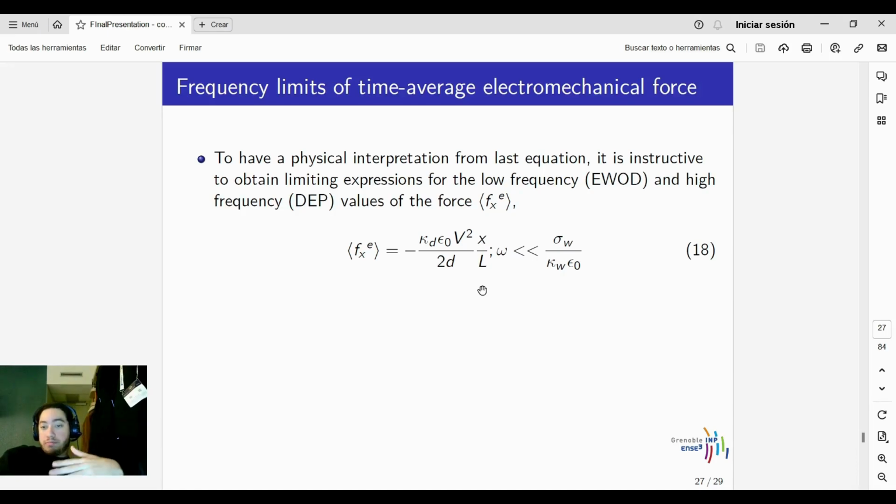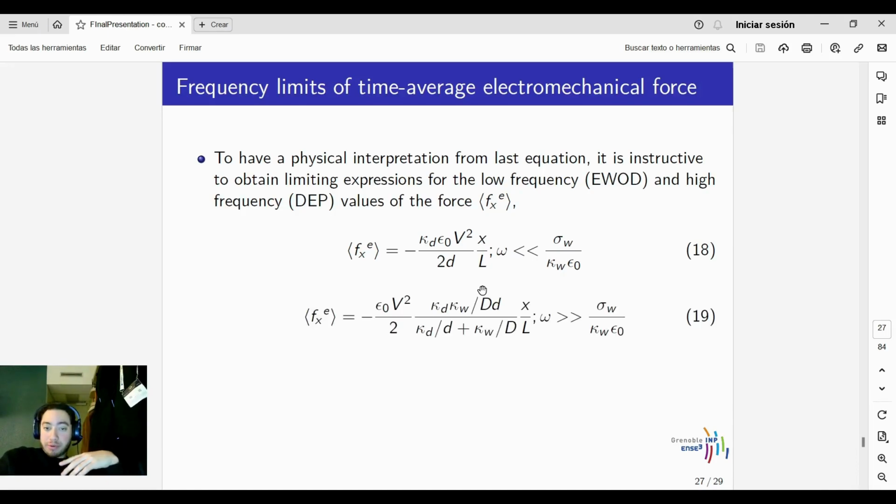However, when we have high frequency behavior, the equation will be described by this term. It's going to be a little bit more complex. So these are the cases basically of high frequency, where we have a very high variation of voltage.